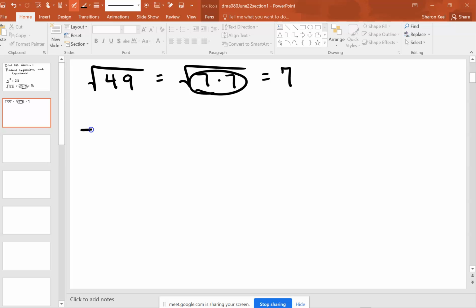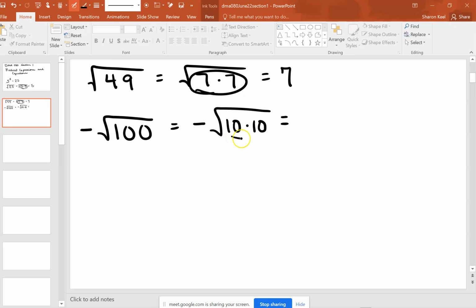If I have something written such as this, an opposite sign out front, and then the square root of 100, notice that negative is not under the radical. What's under the radical is the 10 times 10. There is a pair of 10s, the 10 comes out. Since this negative is in front and it's not under the radical, that answer would be considered a negative 10.